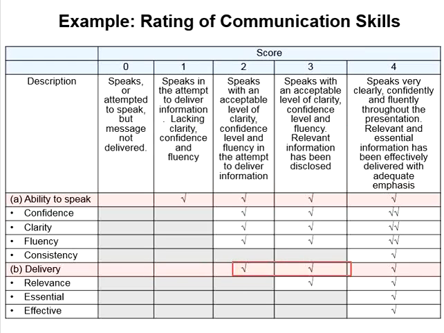So delivery will be considered starting at level 2. And then we'll talk about the relevancy. Let's say we set it starting from level 3. And the essential ability to identify the significant points and having the ability to present them in a very effective manner will be considered the most excellent presenter.